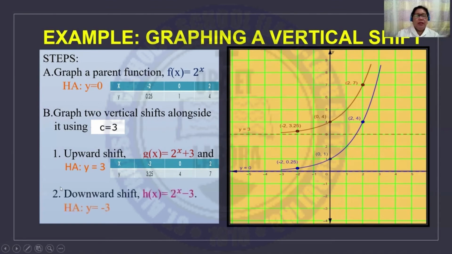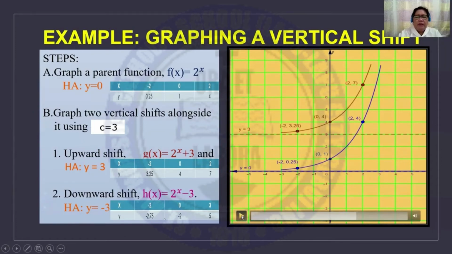And then for the second shift, the downward shift, we have the third function, 2 raised to x minus 3. The horizontal asymptote now is y is equal to negative 3. The table of values: -2, -2.75; 0, -2; 3, 5.